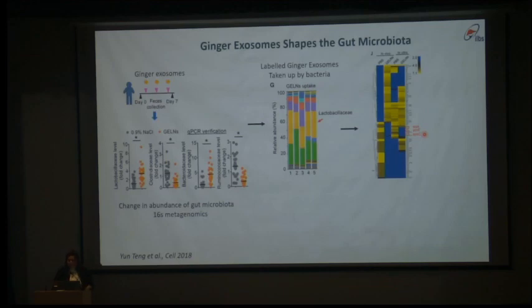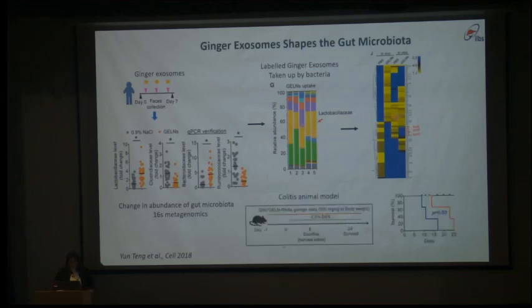So we eat ginger exosomes, they are taken up by bacteria, and the differentiation of Lactobacillus increased. They did it in a colitis animal model. When they gave the ginger exosomes, they found the survival rate increased within 24 hours.